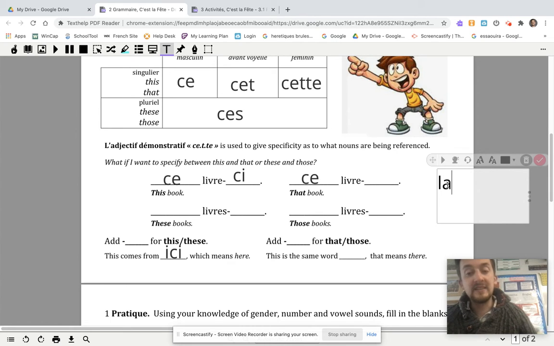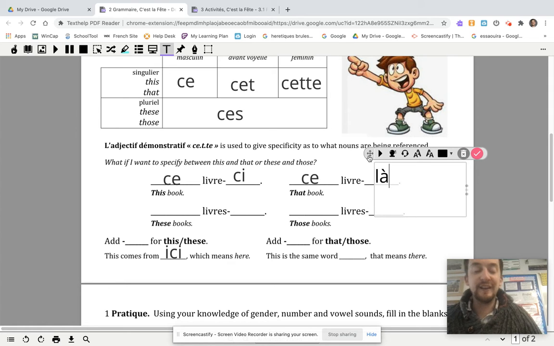D'accord? Likewise, if you want to say that book, now if you haven't answered the question, what's the difference between this and that? Well, it's several things. Proximity is the main one. If it's physically close to you, this, or far from you, that. But it can be more complicated than that, and we won't get into it unless you ask in class.